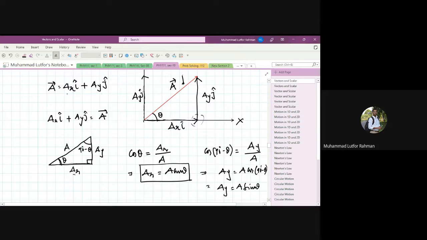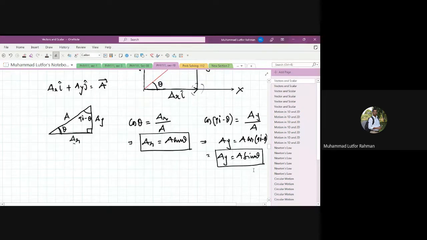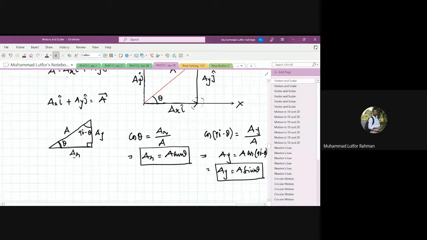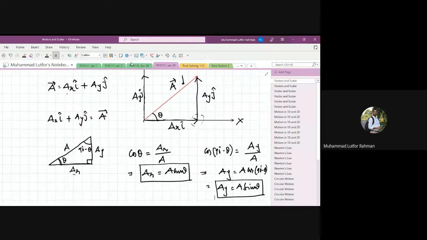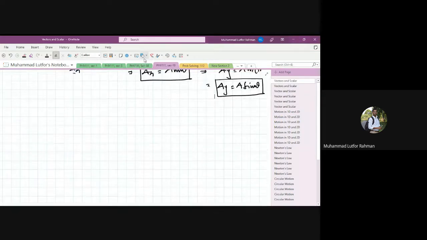You can write that using trigonometric properties, right? That's how you can find the component of a vector. Fine. What if, instead, the vector creates an angle with the y-axis? So instead of the x-axis, it creates the angle with the y-axis right now.